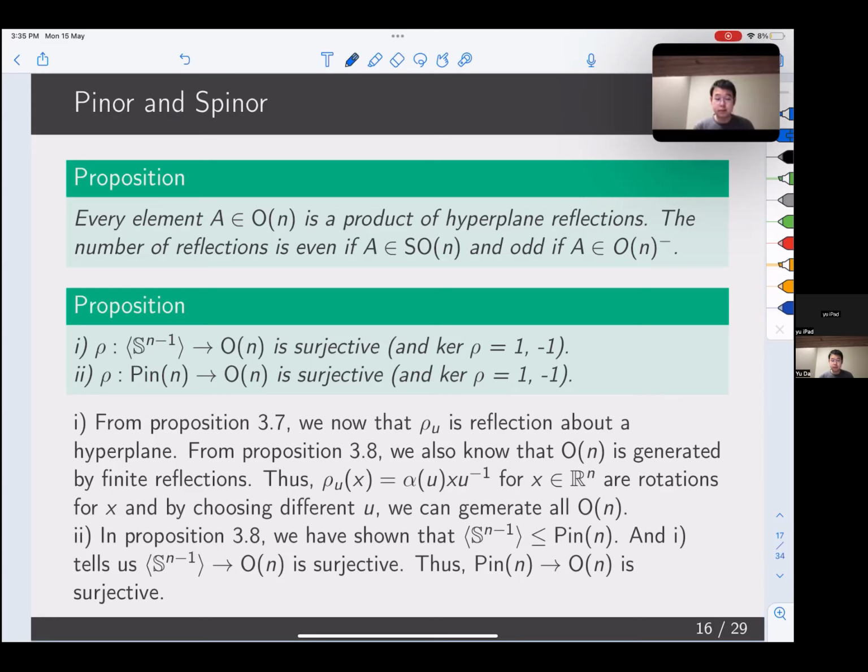And also previously we have the theorem that the subgroup generated by S n-1 is a subgroup of Pin n, and because S n-1 generates ON under the map rho, the map rho from Pin n to ON is also surjective.